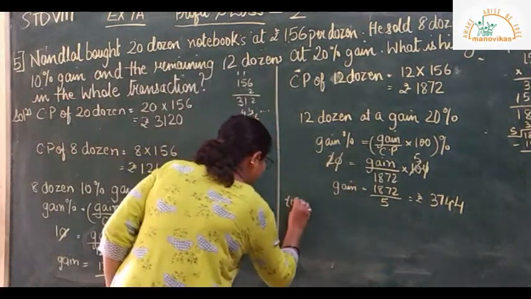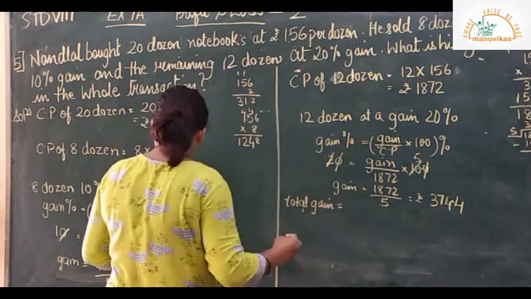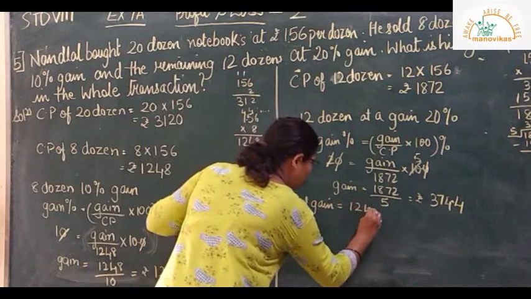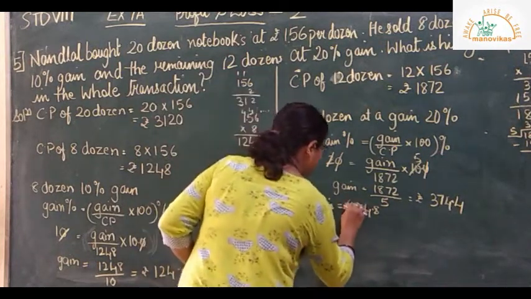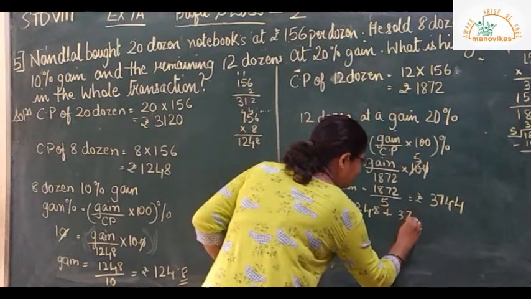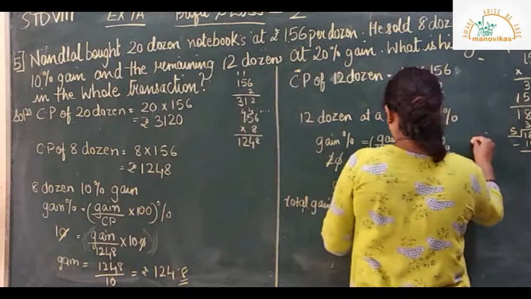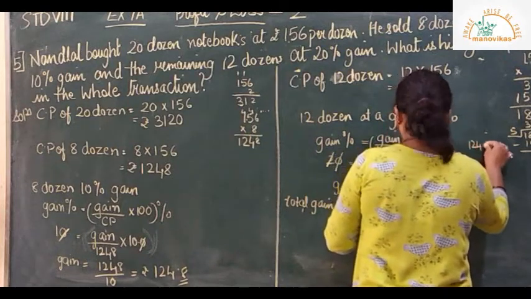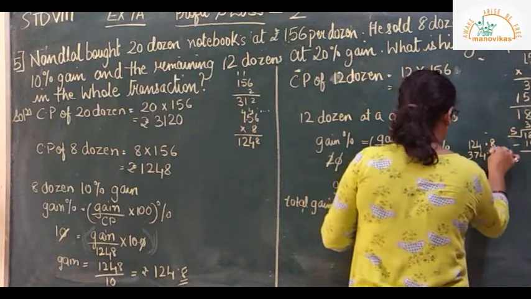So total gain is equal to 124.8 plus 374.4. So let us add this, 124.8 and 374.4.